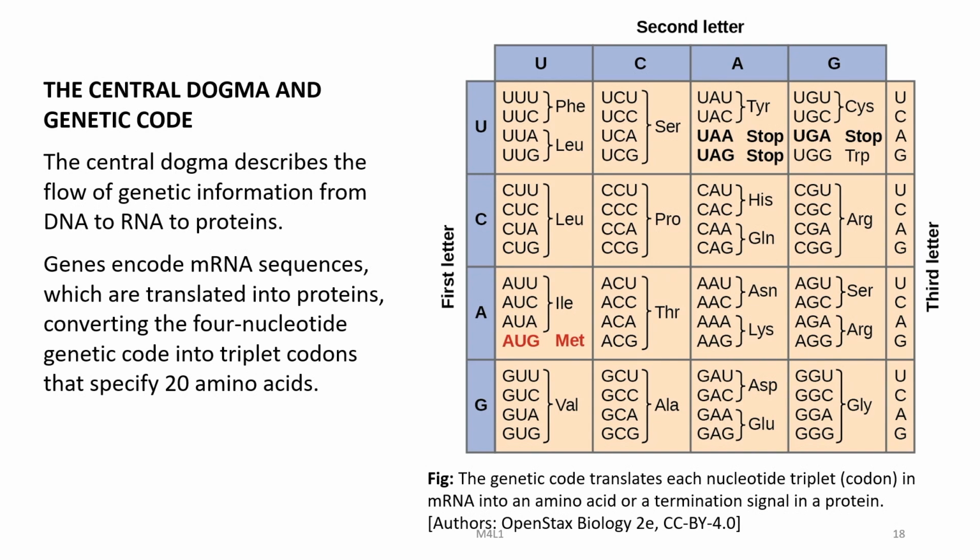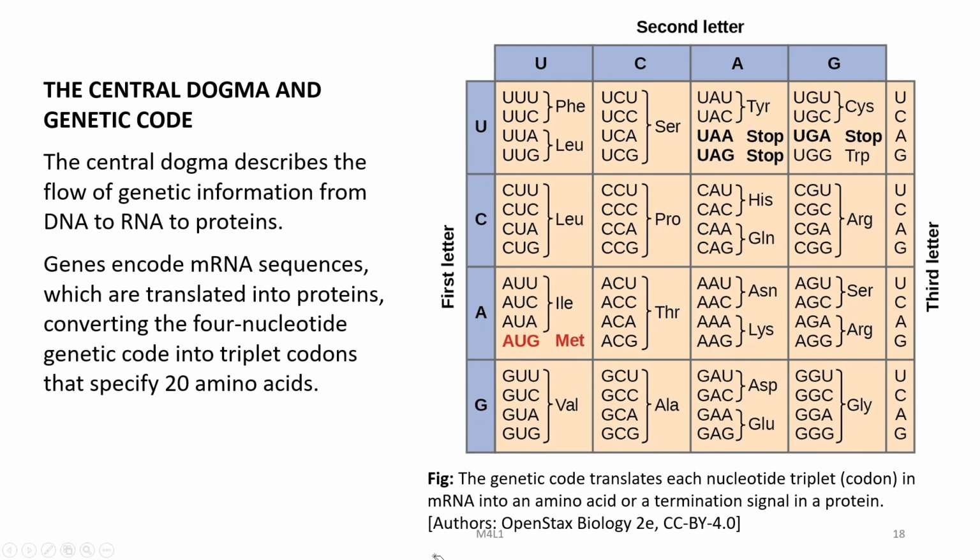The central dogma describes this flow of genetic information from DNA to RNA to proteins. Genes encode mRNA sequences which are translated into proteins, converting the 4 nucleotide genetic code into triplet codons that specify around 20 amino acids.